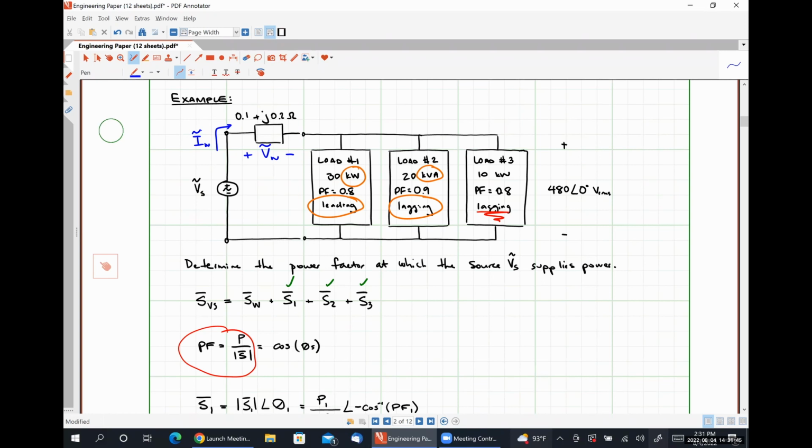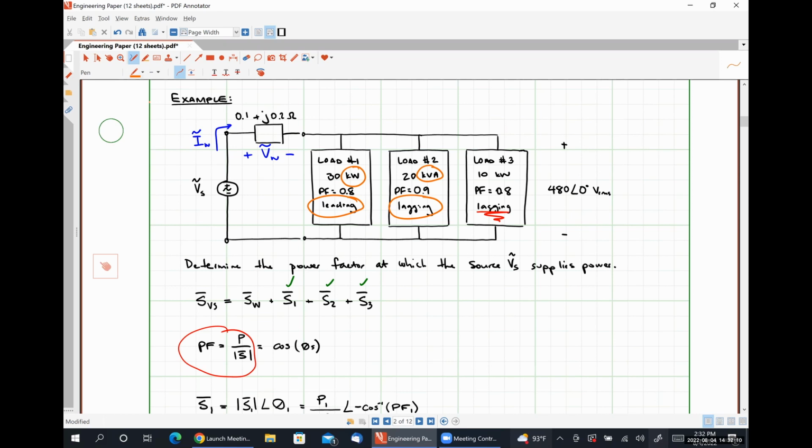Which of those two pieces of information do you think we can solve for based on the information that we currently know? The current, absolutely right, Devarier. So there are two different ways that we can solve for that current.